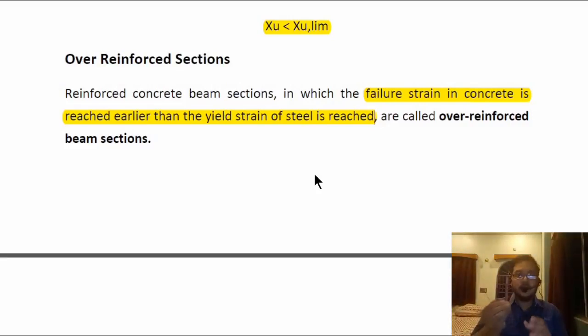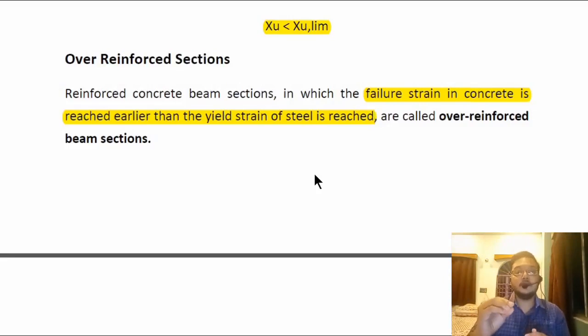So if you are providing an under reinforced section, you are providing such an amount of steel that it will get its strain much earlier than the concrete.